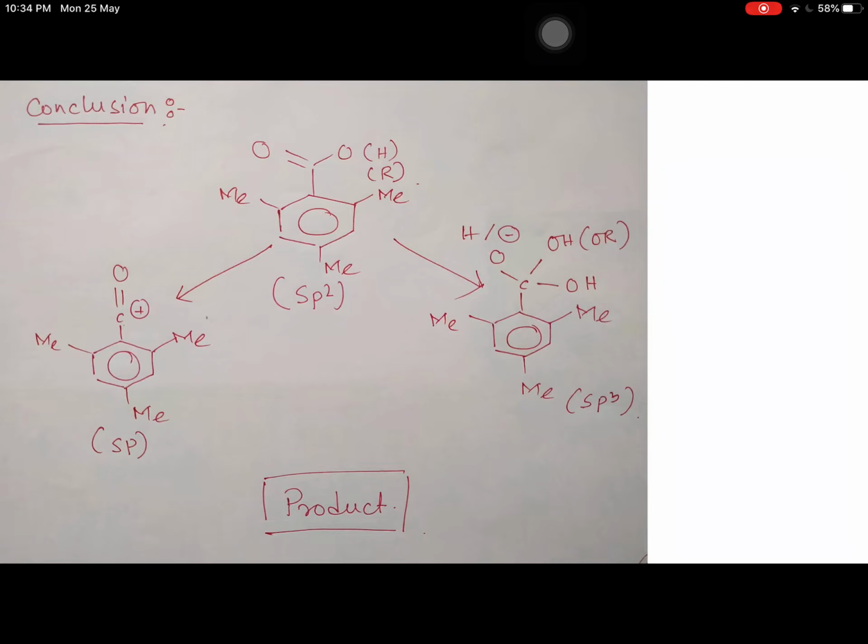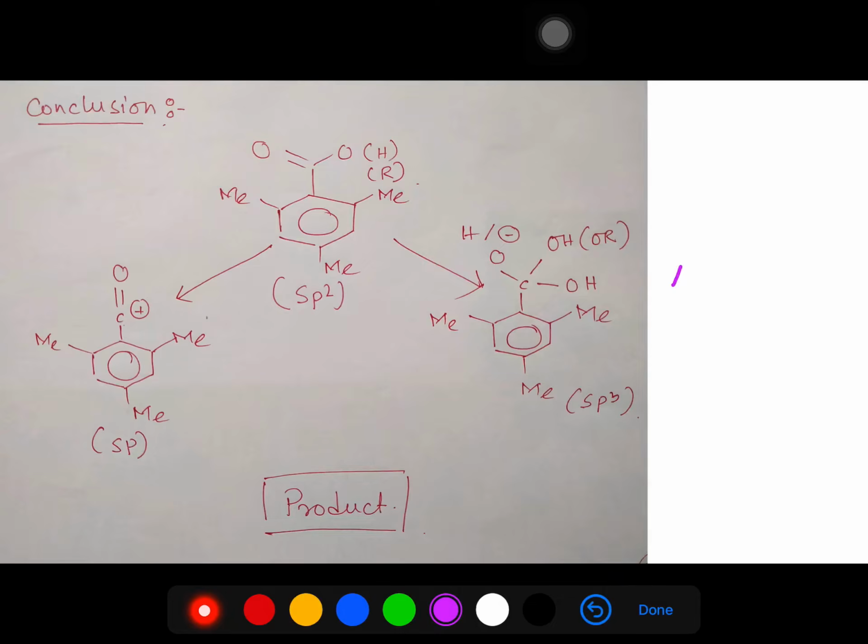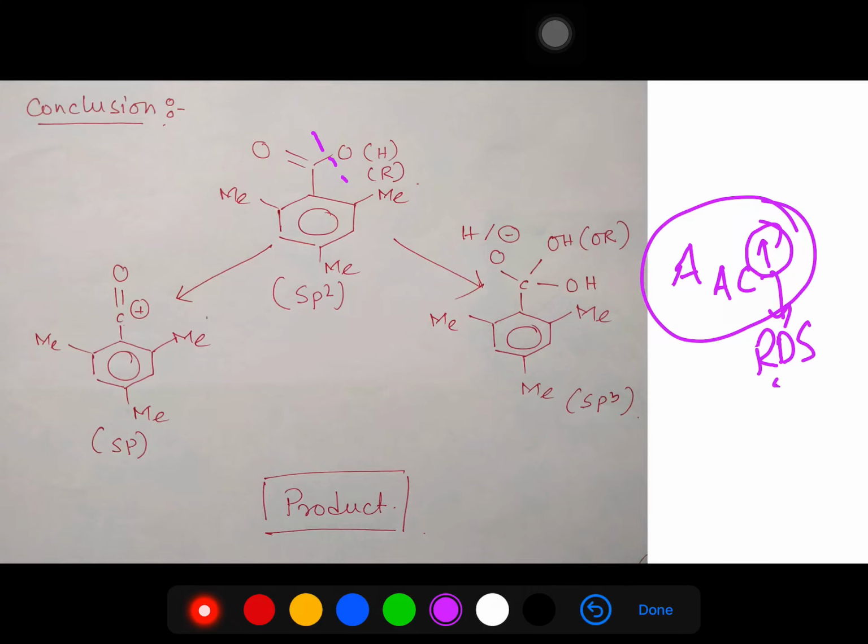So this is actually acyl oxygen cleavage, AAC1. Another thing: why acyl? Because this bond gets broken, and why one? Because a single molecule is involved in the rate-determining step. So fine, we will discuss this in detail in some other videos.